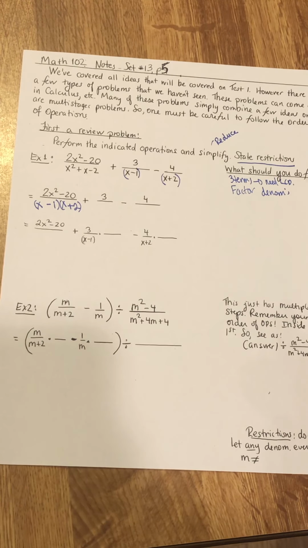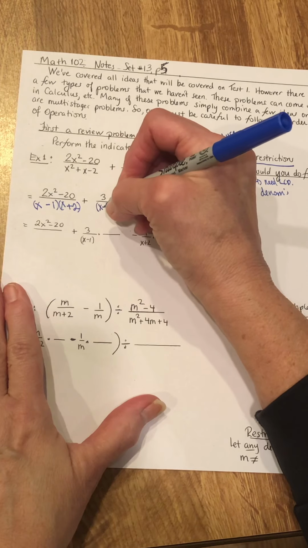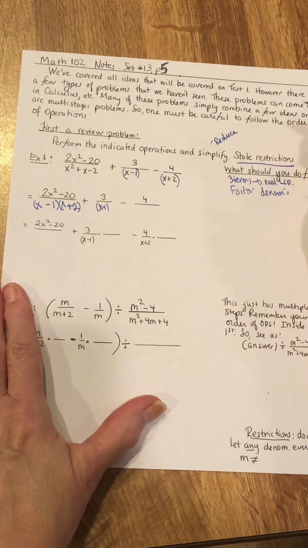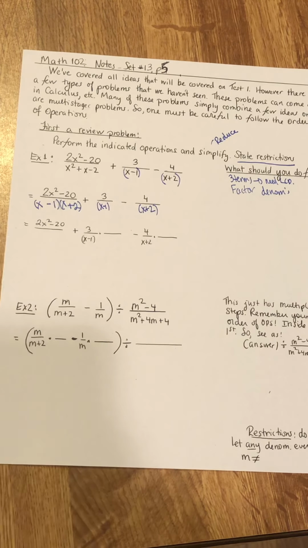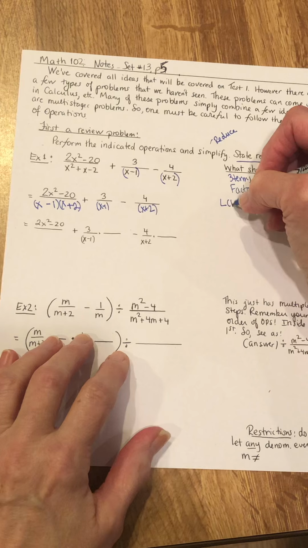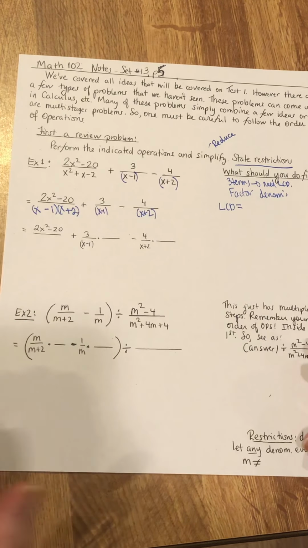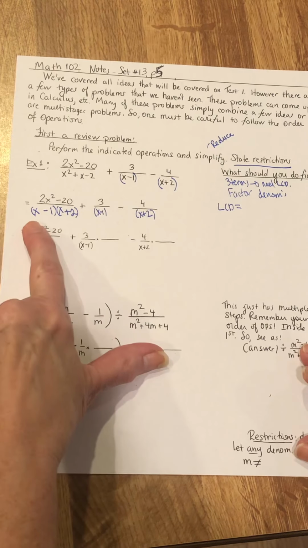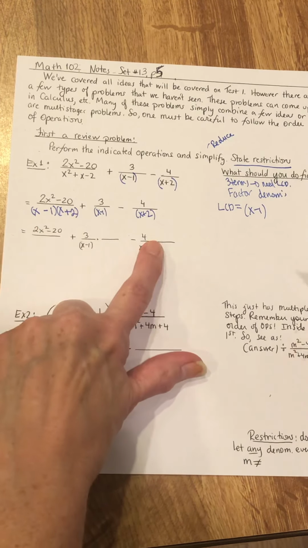All right, so I'm going to go ahead and put the x minus 1 in here and put the x plus 2 here. So now that I have prime factors in my denominators, I observe all the different types of prime factors that I have. I have x minus 1 and I have x plus 2's.